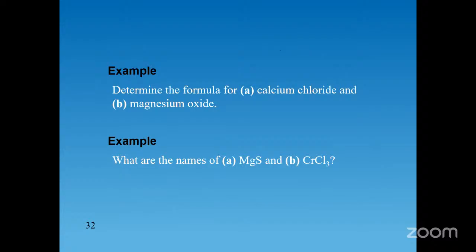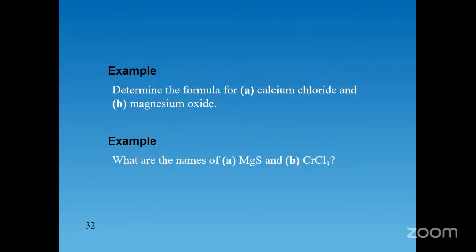All right, so when it comes to writing down the formulas based on their names, how do we go about doing that? Oh, I remember now what I need to say. Very important.